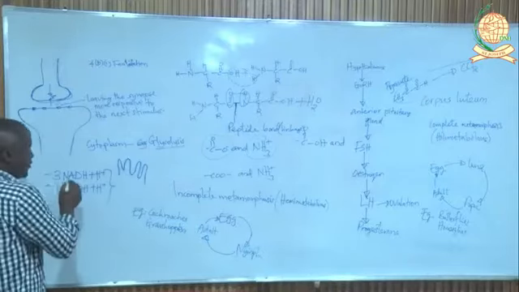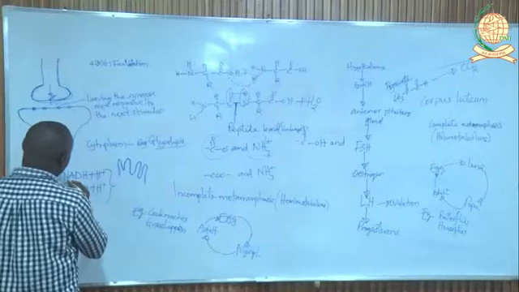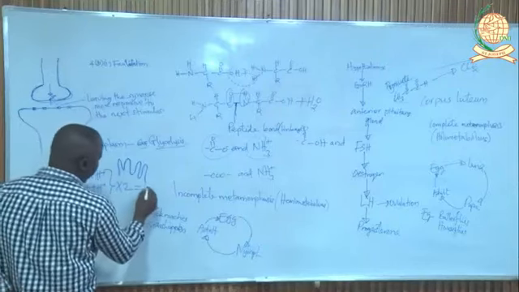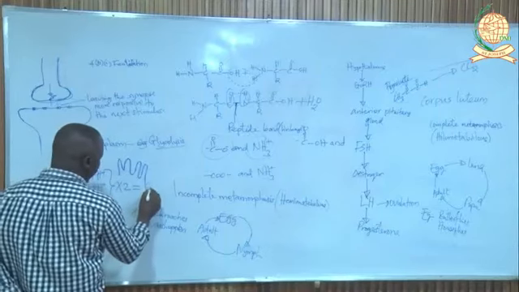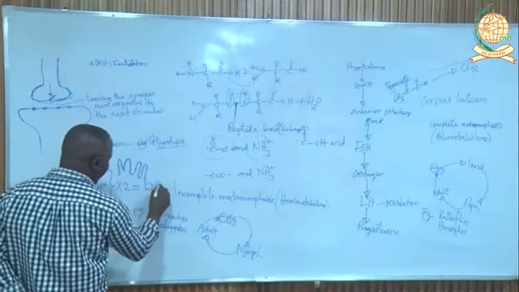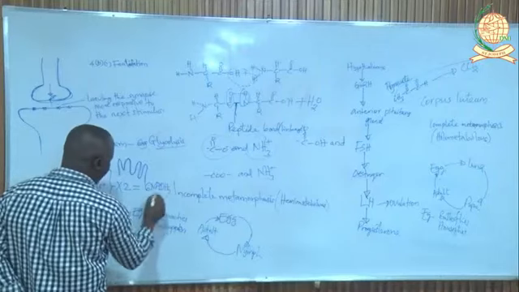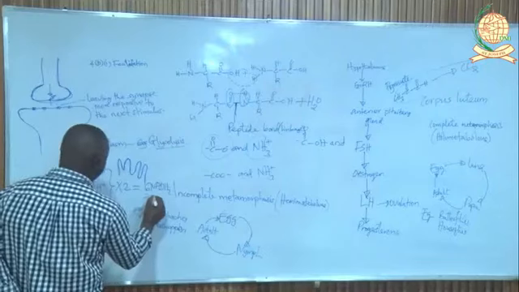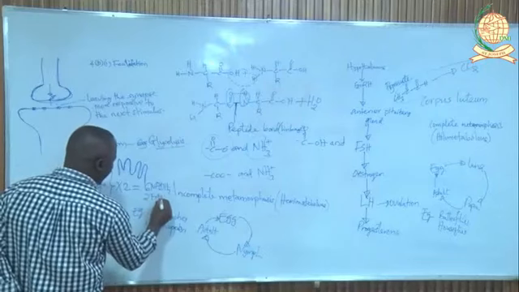That means from 1 glucose molecule, this will be times 2 for 1 glucose. So it means it is 6 NADH2, and also here it is 2 FADH2.